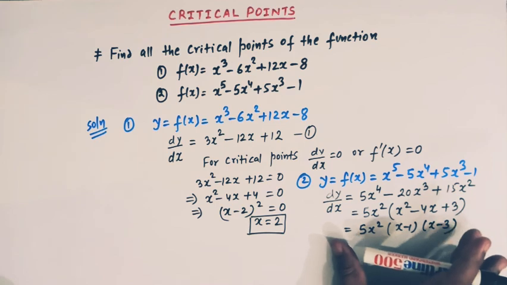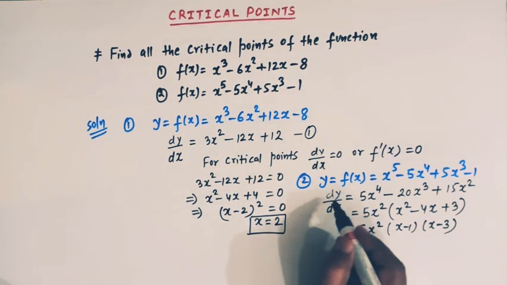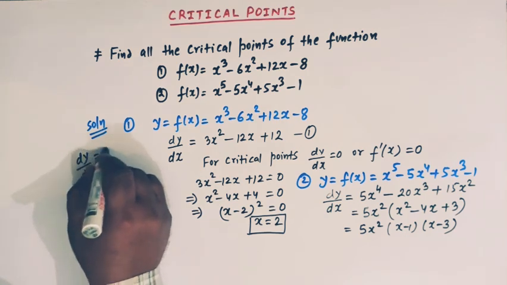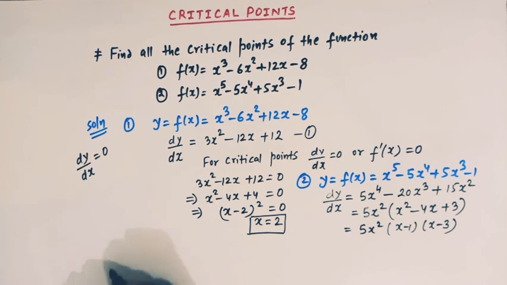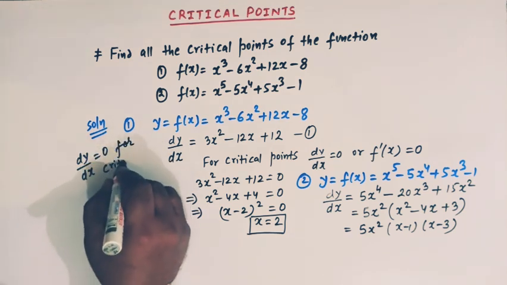Now to find out the critical points, we should equate this derivative, that is dy over dx, equal to 0, right? So this is for critical points.